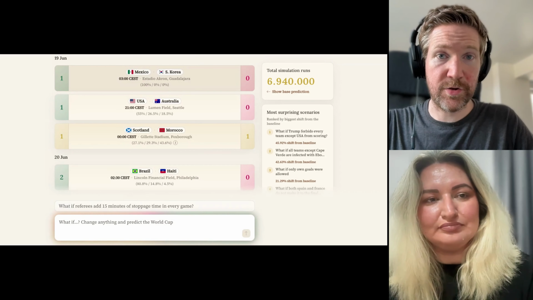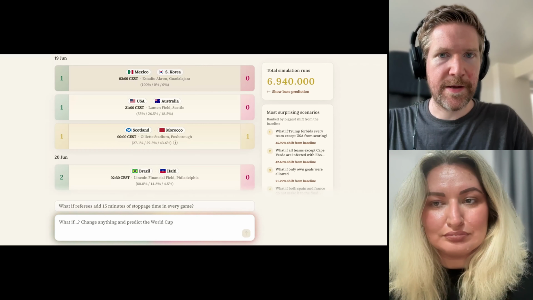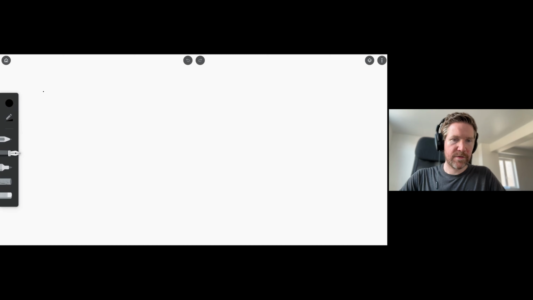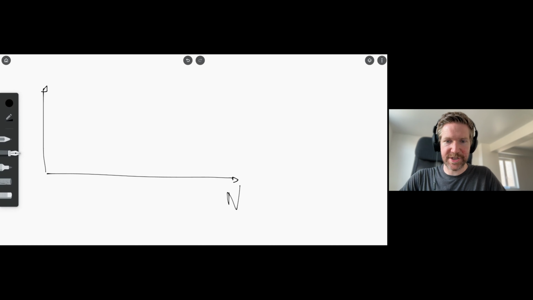Yeah, that's a very good question. So why have we taken 5,000, for example? What you see if you run this Monte Carlo simulation, so let's say I have here my number of iterations, and here I'm looking at something like the standard deviation, so how much variance there is from run to run. What you see usually is that there's a lot of variance at the beginning, and you see it drop down, and eventually it sort of plateaus.